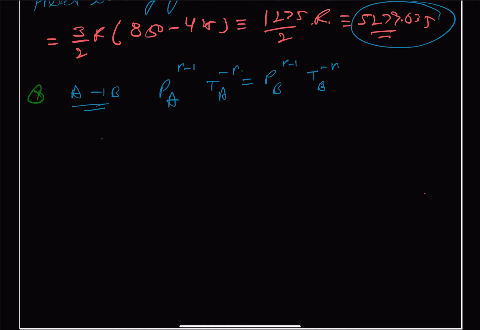So from here we get that PA upon PB to the power gamma minus 1 is equal to TA upon TB raised power gamma.